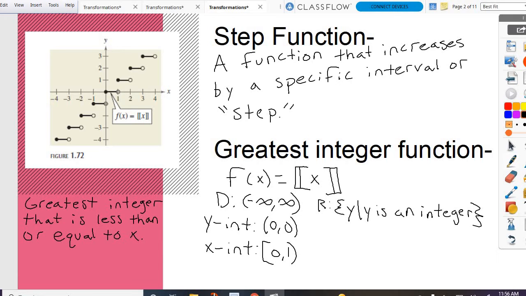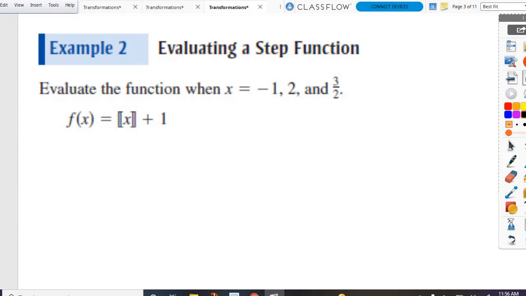Alright, so on our examples, now we're actually going to evaluate. Remember, to evaluate just means to plug in. So I'm evaluating at these three different numbers. When I'm looking at my order of operations, what comes first? Parentheses.